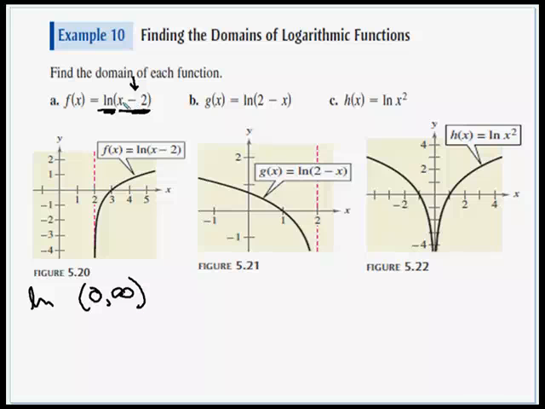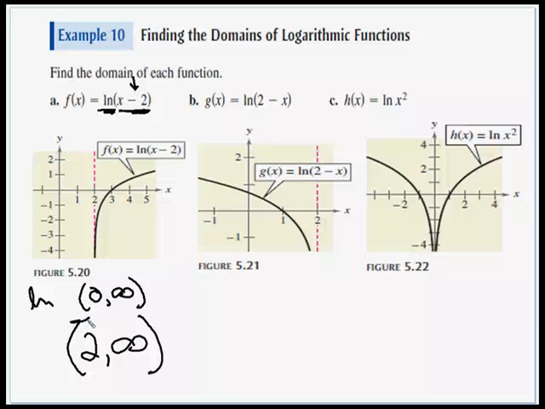Now this minus 2 has moved everything to the right. So our asymptote is not going to be the y-axis anymore. That asymptote has been moved 2 units to the right, so our asymptote is now 2. So here our domain is also going to be moved 2 units, from 2 to infinity.